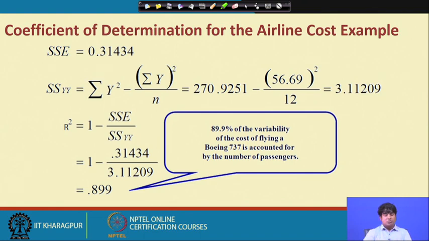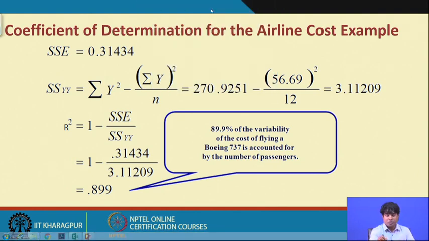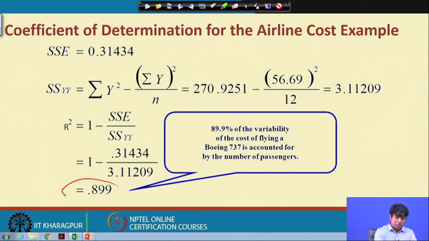The sum of squares error we have already derived in the last slides, and just putting these in, you then calculate the total sum of squares, which is the sum of y minus y bar whole squared. Ultimately, in this problem it is coming exactly as 0.899, that means around 90%.